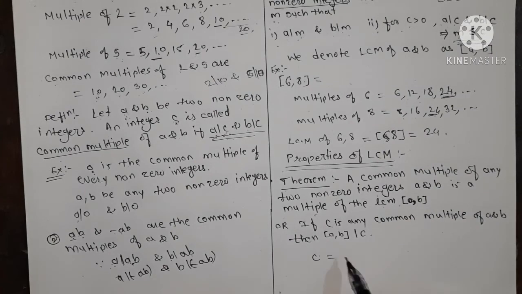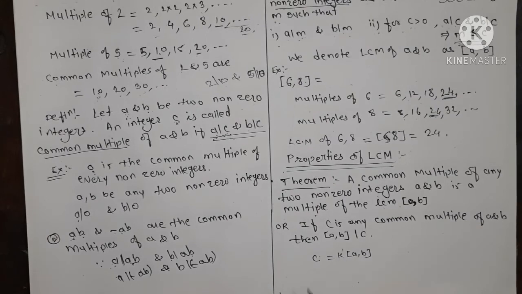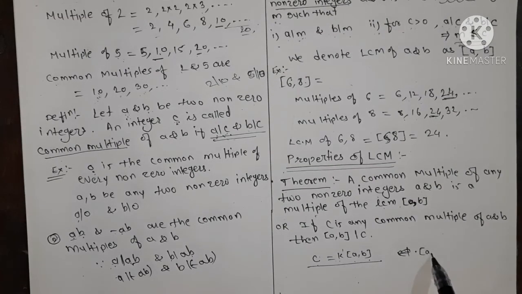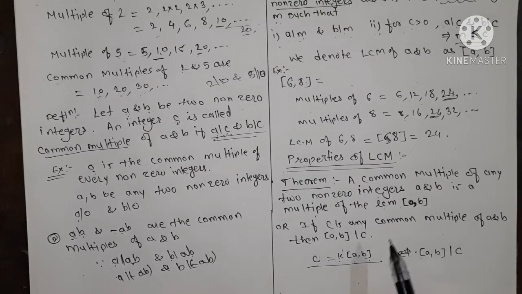That is, c is the product of some integer and the LCM of a and b. And if this is written, then we say that the LCM [a, b] divides c.